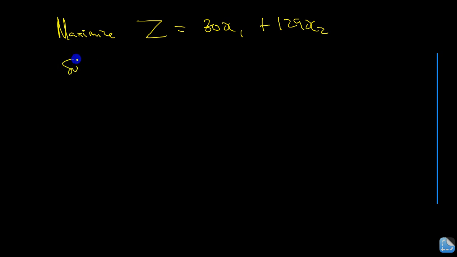Last time when we met, we were able to derive our objective function, which was something like z equals 80x1 plus 129x2, subject to 5x1 plus 6x2 is less than or equal to 10,000.